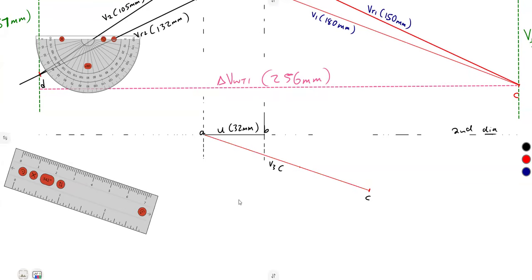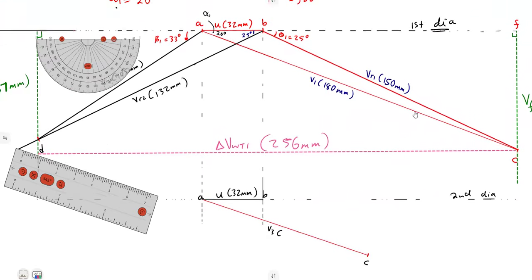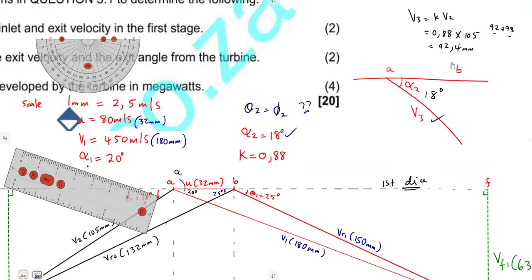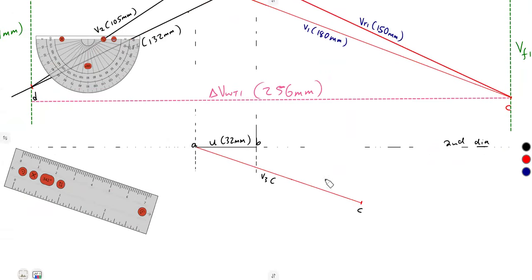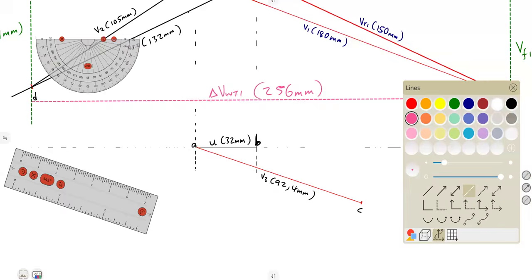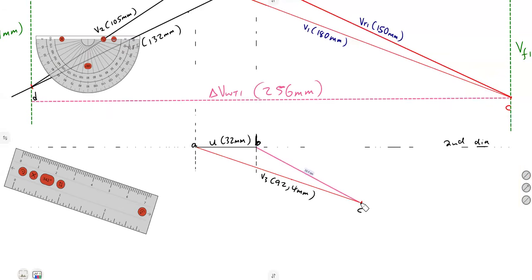Here I'm just maintaining the value, because yes, we can round off, but just try to maintain it on your diagram. This one is not an effect at all. Or you can write any value, guys. Do not worry about that. But you see how it was going to look. Then B to C, just join that. Complete that diagram by joining B to C, and you measure that.